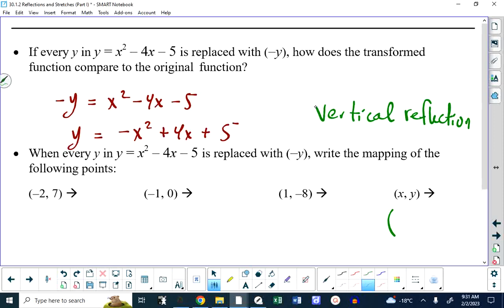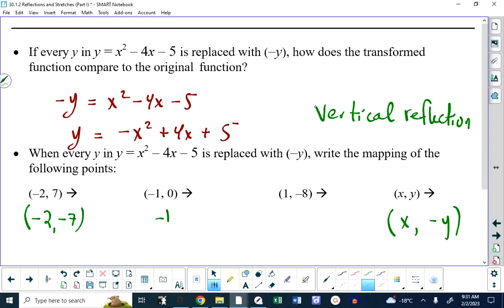You can see by looking at those graphs that what happens is this. Again, what we did to y in the equation happens to what happens to y in the function. So all of the y-coordinates switch. This would become negative 2, negative 7.